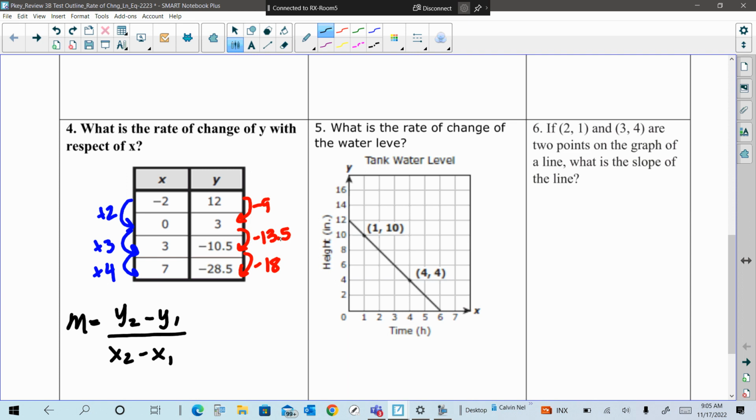Because if you see different numbers, it still works. Some people say, oh, this is not the same, it's not constant, so I'm going to get a different answer. This formula will get you the answer every time.